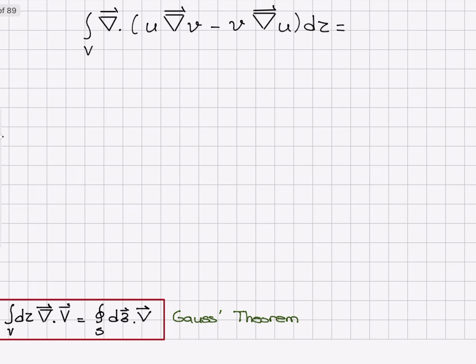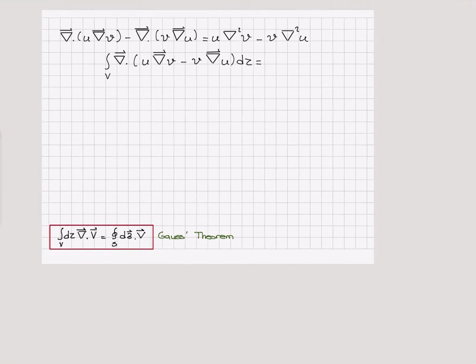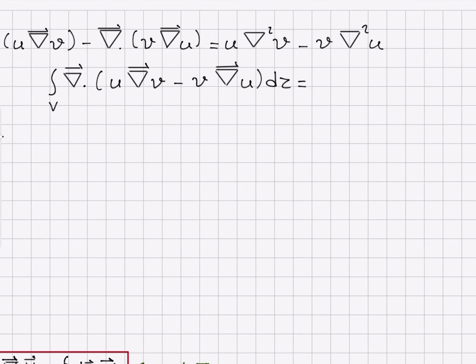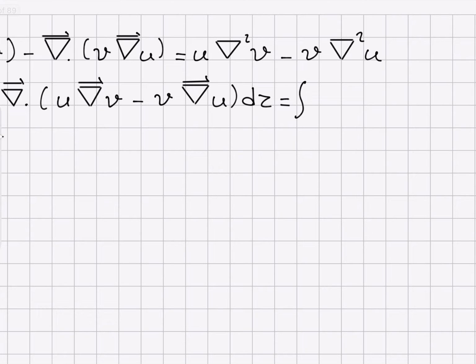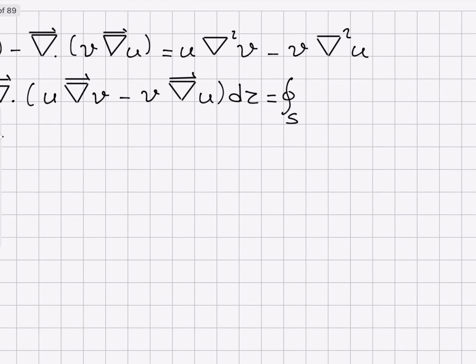Now Gauss theorem tells me if you take the volume integral of the divergence of a vector, which is this vector here, you will get the closed surface integral d sigma dot v. So the vector v is this vector. So this will give me the closed surface integral for the surface that is at the boundary of this volume.